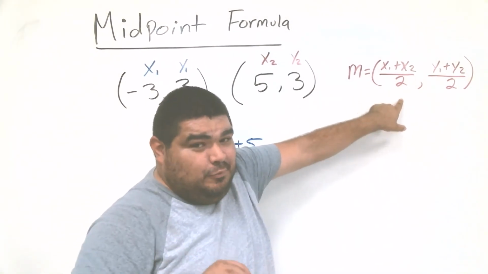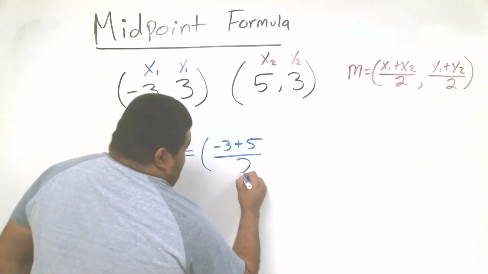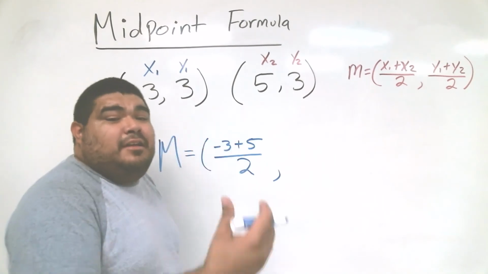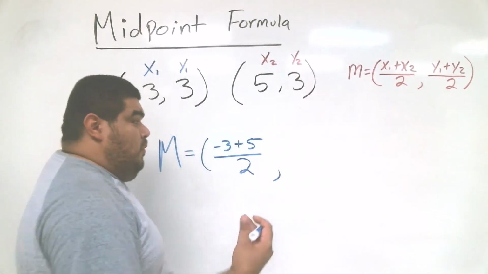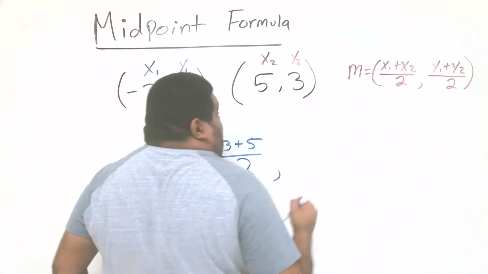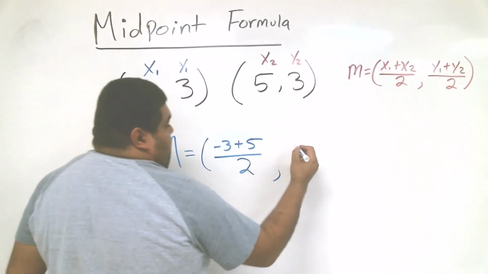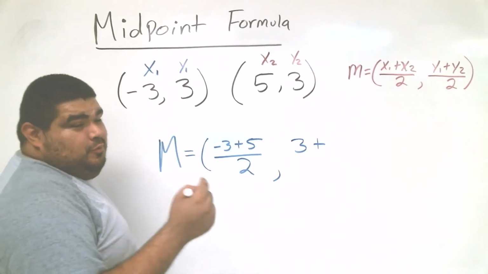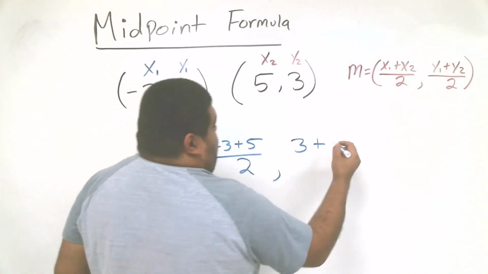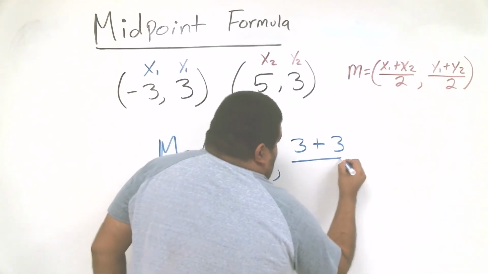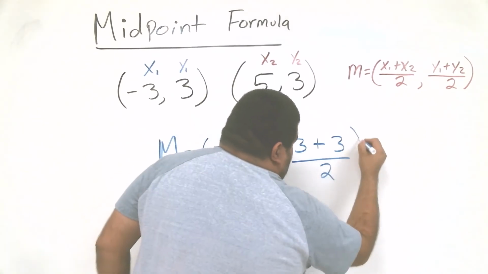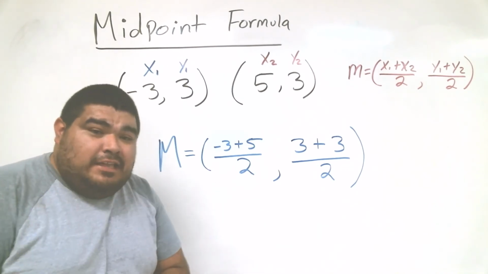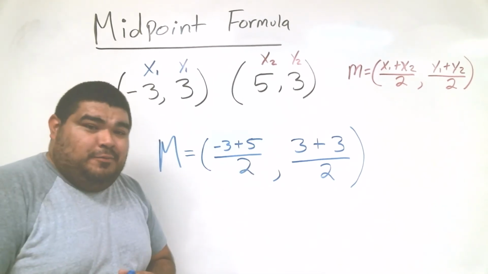It's been divided by 2. So you have a 2, comma, and then we can start on the y. So we have y1, which in this case is 3, plus y2, which is another 3, right? Over 2, and then we close the parentheses. Now that we have it set up, we can actually solve for it, okay?